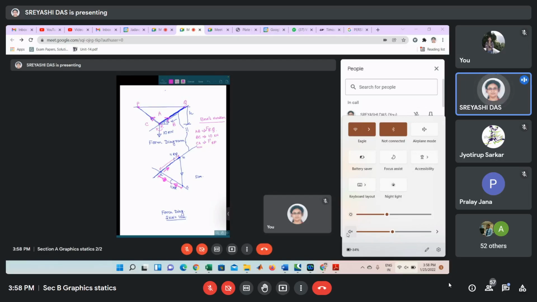If we measure the distance small ac with the scale, using 1 centimeter equal to 2 kilonewtons, whatever centimeters we get is equal to some kilonewtons. That will be the magnitude of force in member RP, and we can find the direction also.